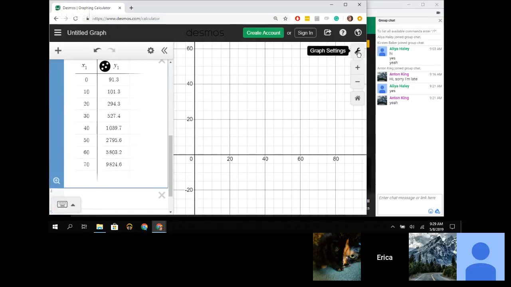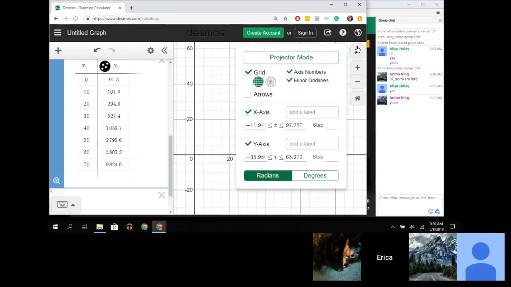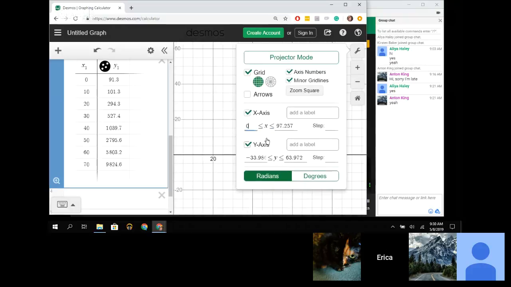So this has the domain from 0 to 70. You can actually go into your graphing calculator and set the domain. You can do this on a TI too. So I want my x's to go from, let's say, 0 to 80.